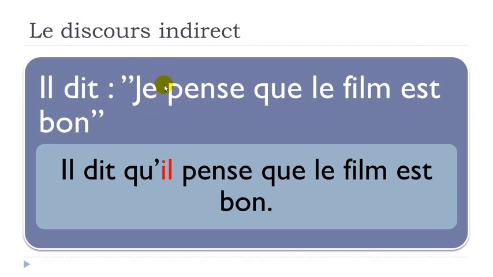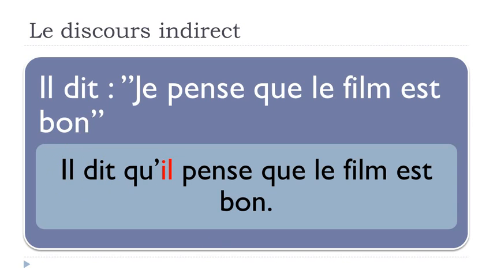So the subject, it's not possible to continue with je in that case, because you will have to modify it and adapt it. So in that case, it should be il, okay? Il pense que le film est bon. All right, so that's the only thing that you will have to modify, so it's not really difficult, but keep in mind that if the subject is je, you will have to modify it and put it according to the first subject here, so il dit.